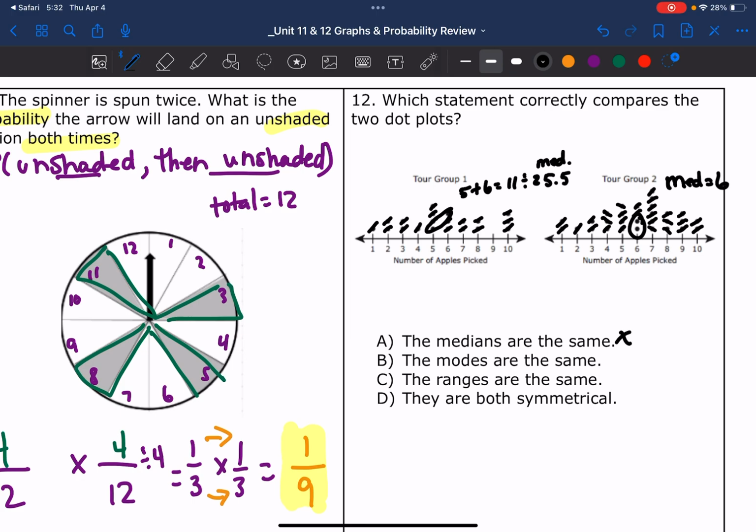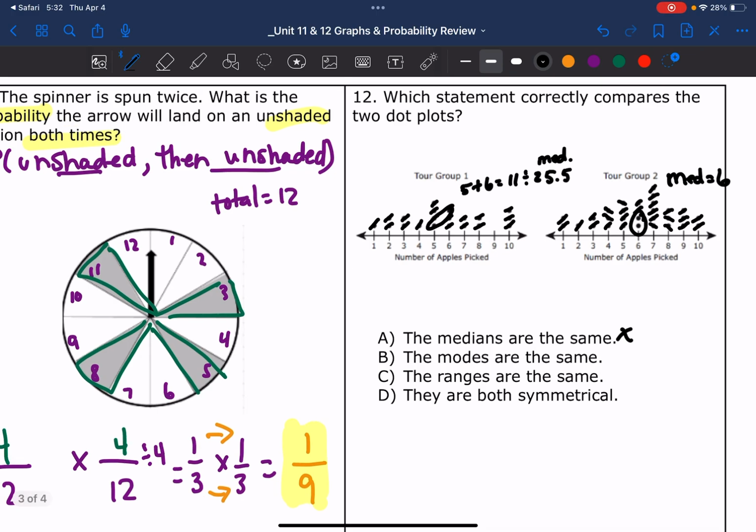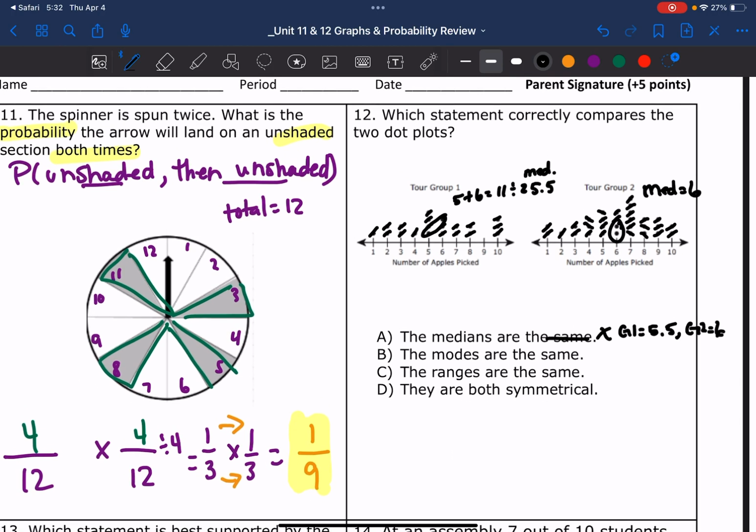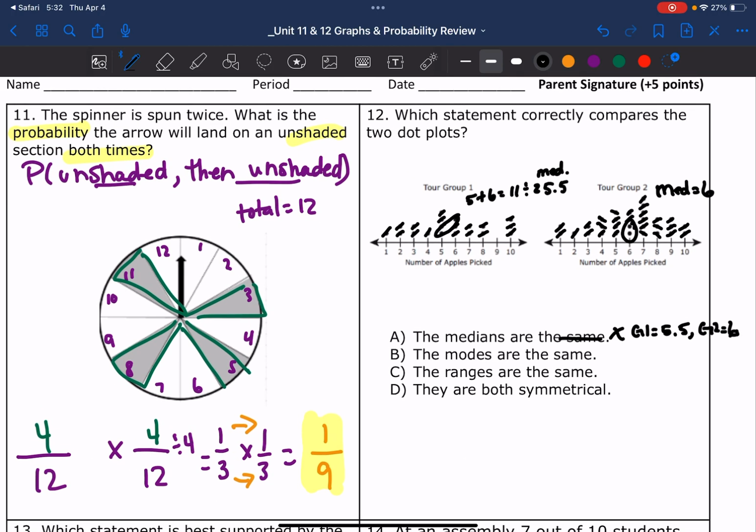Okay, so clearly those two are not the same. So guys, in class, I didn't realize it was hard to see because I could not get my face closer to it. Here I'm literally up on my iPad. It's not A, okay? They are not going to be the same. We clearly know that group 1 is going to be 5.5, whereas group 2 is going to be 6, okay? Sorry about that in 7th period, okay?